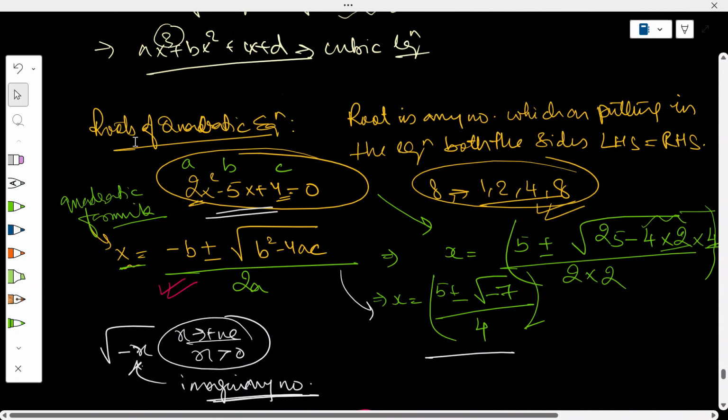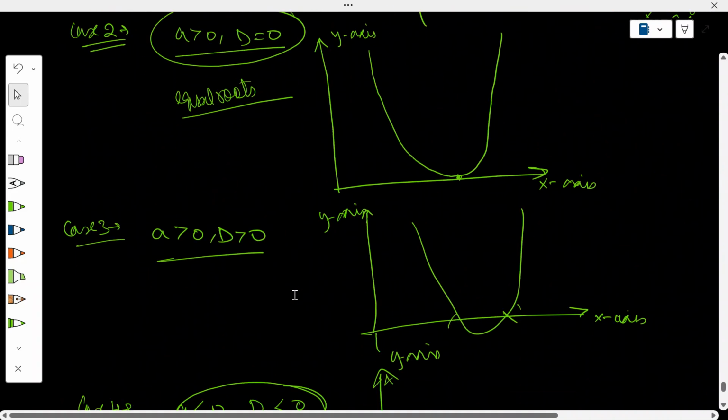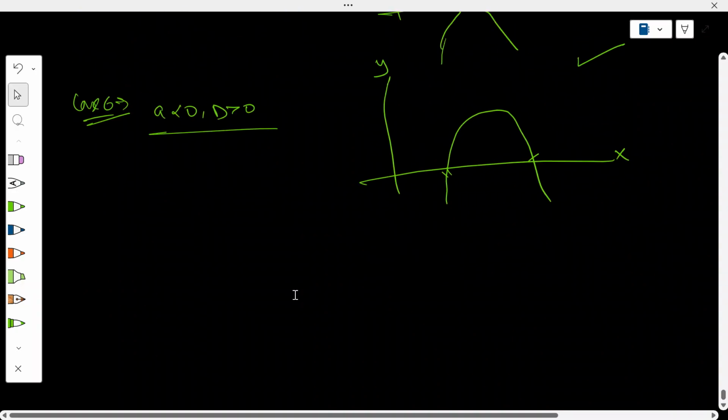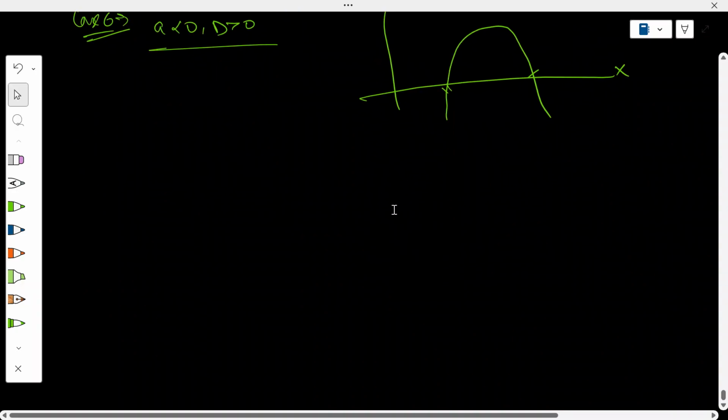Also we have seen that the roots of the quadratic equation can be found using the quadratic formula, which is minus b plus minus under root b square minus 4ac by 2a. So now let's move on to the other concept.